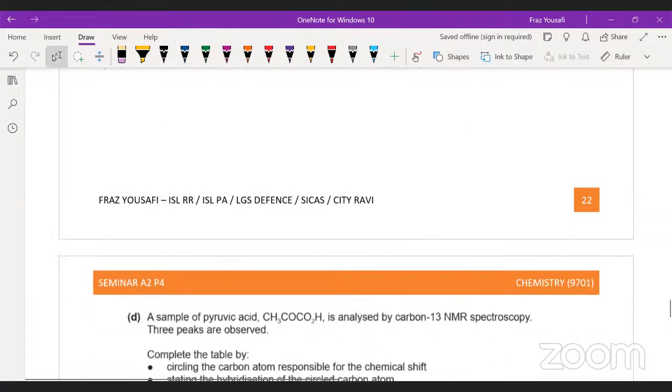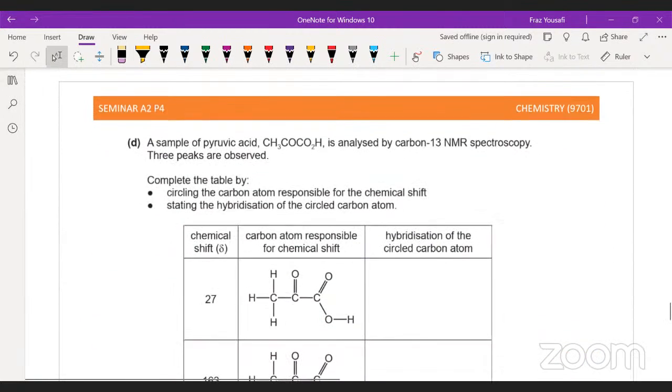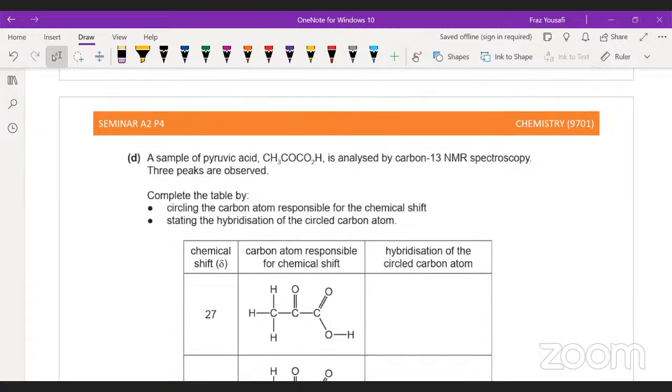All right, wrapping up with the last couple of things here. Let's talk about our carbon 13 spectra for this weirdly looking molecule that I've given you here. A sample of pyruvic acid, CH3 C double bond O COOH, is analyzed by carbon 13 NMR.